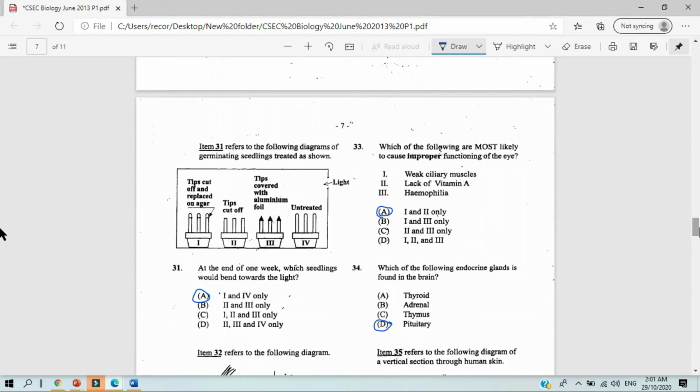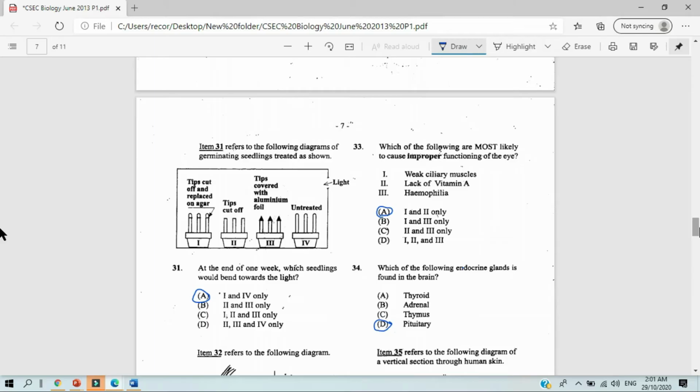31 refers to the following diagram of germinating seedlings treated as shown. Now the first one, tip cut off and replaced on agar. All right, so agar is this thing with some amount of auxin that will promote growth.